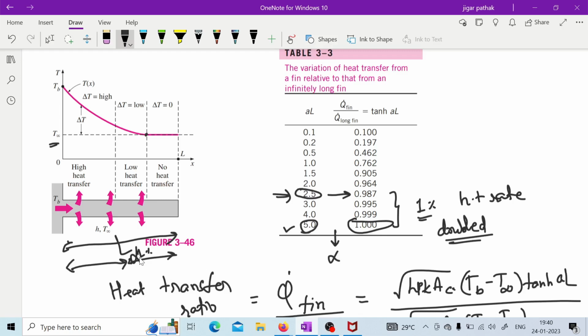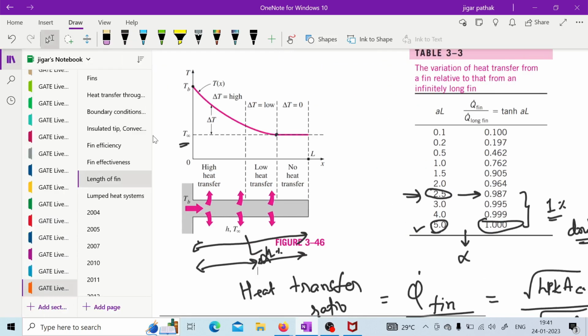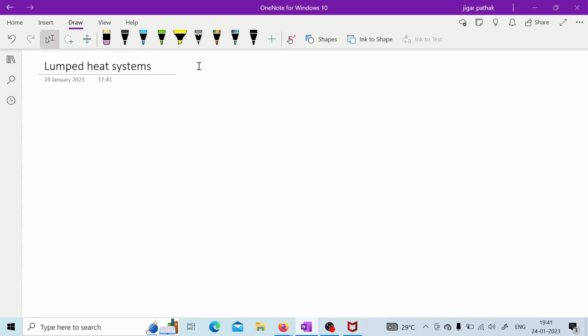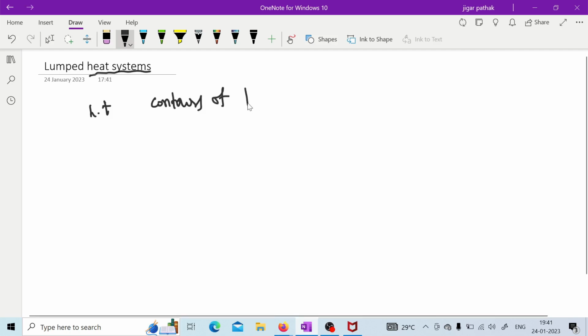Yes, sir. Okay. So now, apart from fin, one more thing we are going to discuss, that is lumped heat systems. Lumped heat systems means, while this heat transfer, generally we are considering contours of heat transfer, which means it also changes with location, or spatially it is going to change.